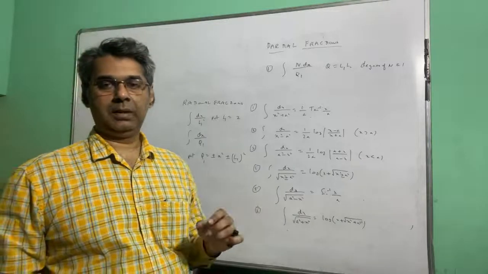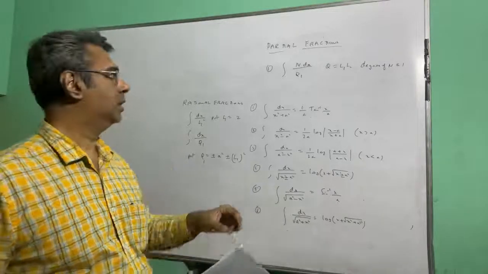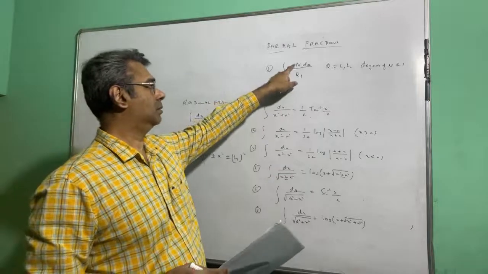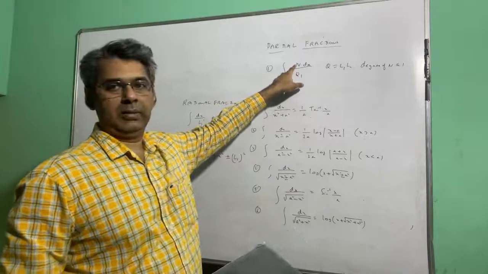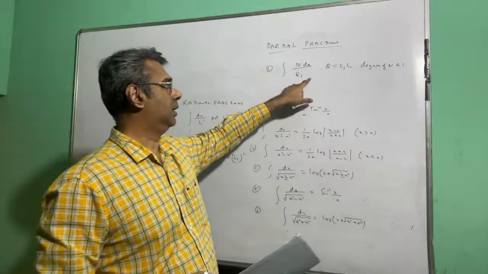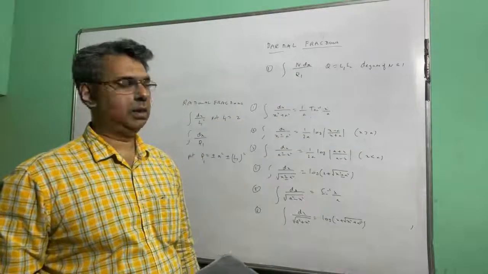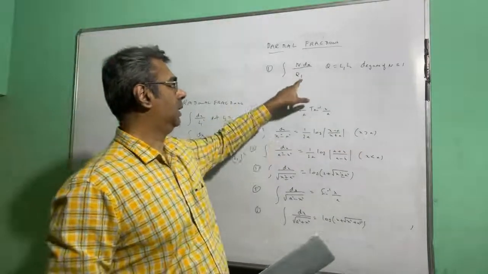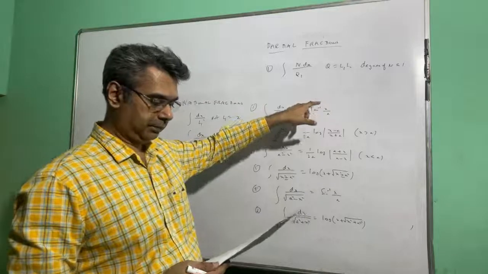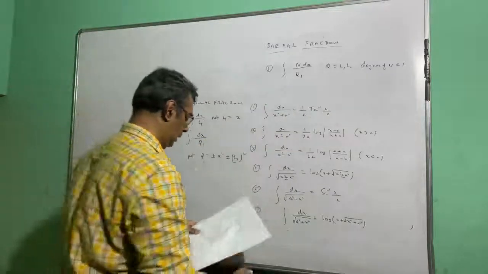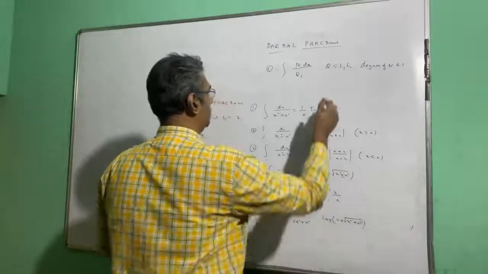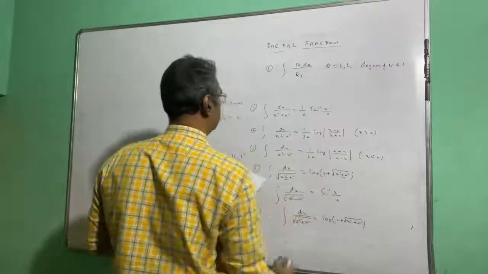will have to separate the integral into different fractions. So if you have numerator like some polynomial n divided by quadratic, which is a product of two linear L1 and L2, so n by q, so I can just call it q actually.